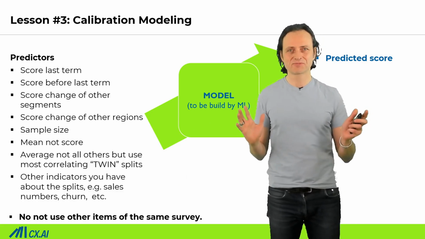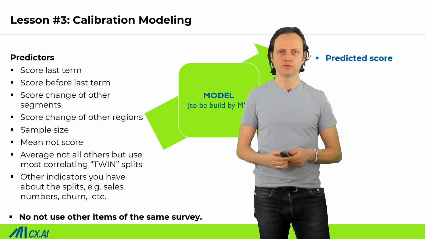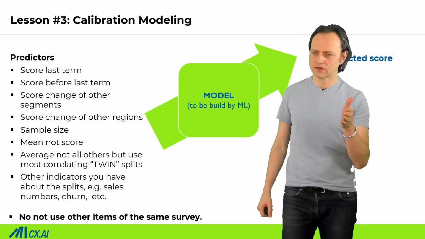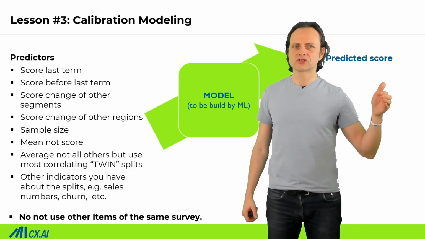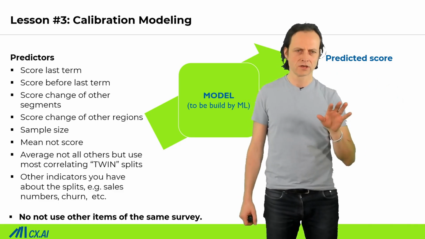Actually, it is a very good predictor, but it will still fool you. Why? Because imagine you have a low sample size, and this is important for low sample sizes only.